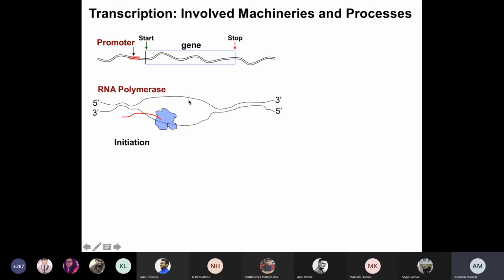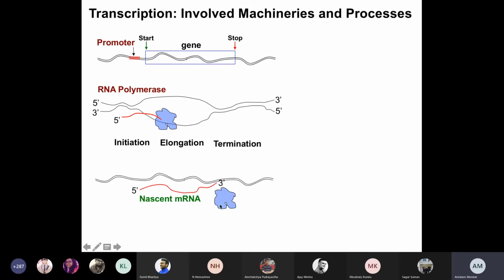Then it will keep on reading the template DNA strand to synthesize the RNA. That is known as elongation. And finally, when it reaches the stop signal, the polymerase will fall off of the template, releasing the nascent mRNA strand. So this is how the transcription takes place.